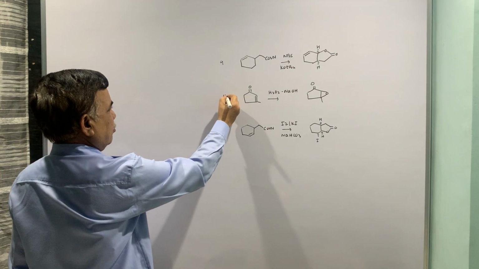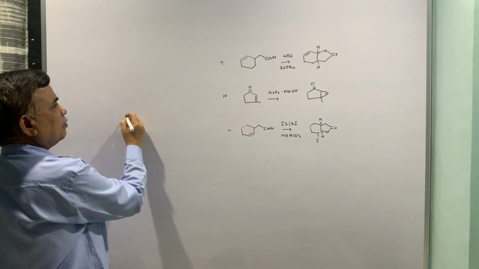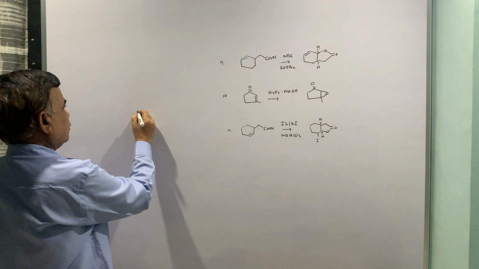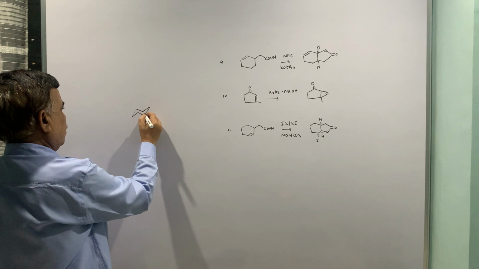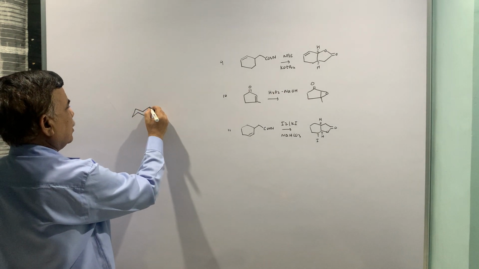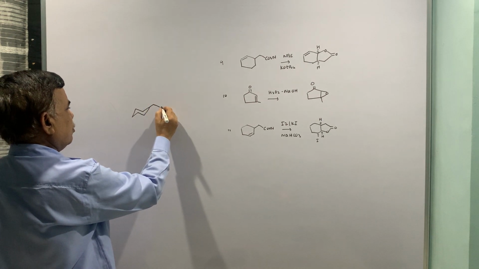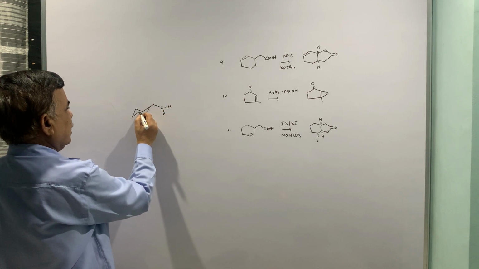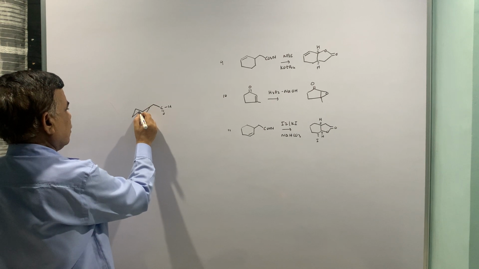So, let me give the numbers back to them. 9th example, NBS. If you want, we can write the ring, then here it is CH2COOH, and after that there is a ring and then double bond here.